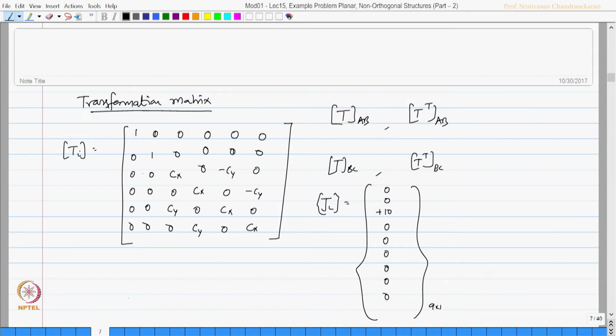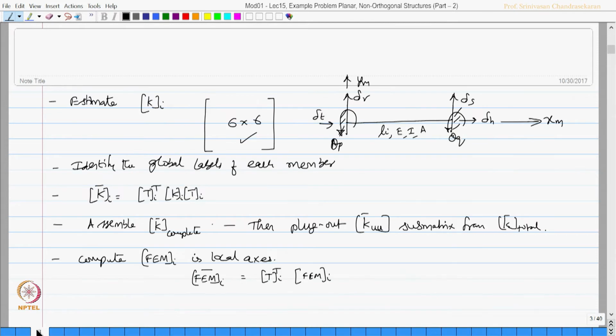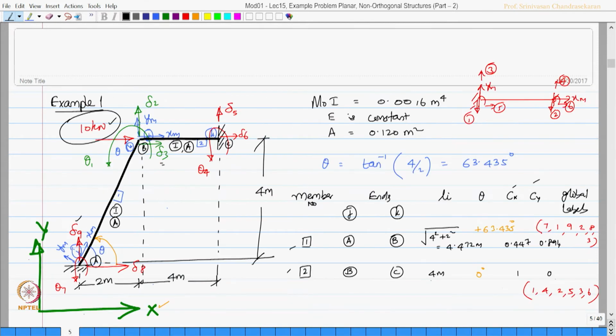So, one can make a submatrix of this. This is JL unrestrained and this is JL restrained. Why unrestrained? There are 3 unrestrained degrees of freedom for this problem. There are 3 green unrestrained degrees of freedom.